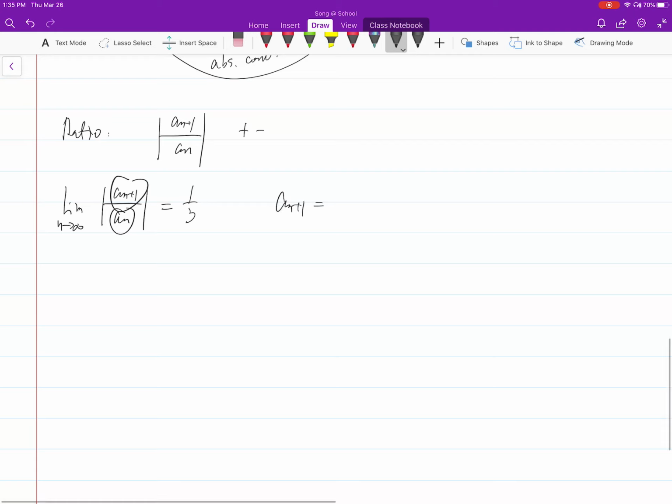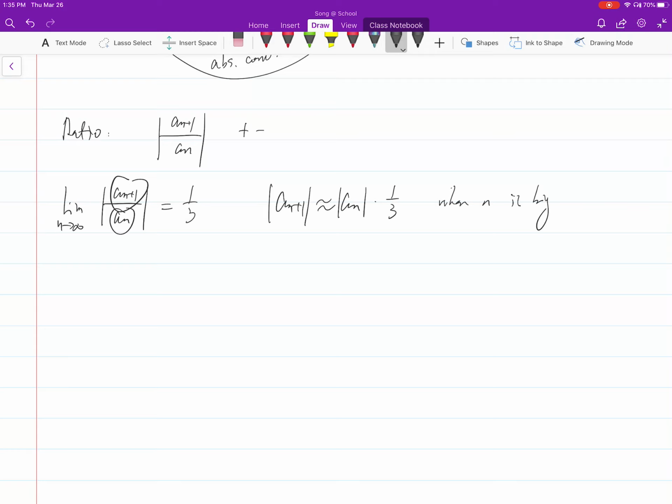That basically means a_{n+1} equals a_n times 1/3 when n is big. Actually, it's not equal. It's almost like, but not equal, because we took the limit. Good so far?